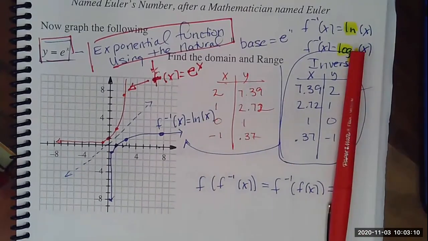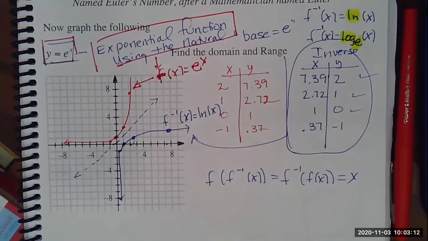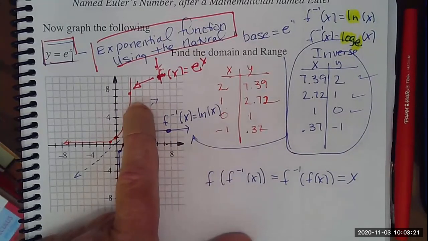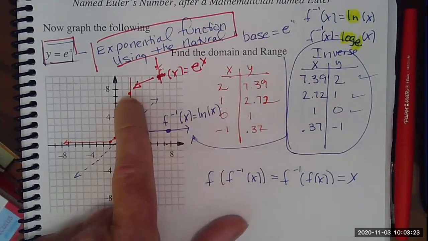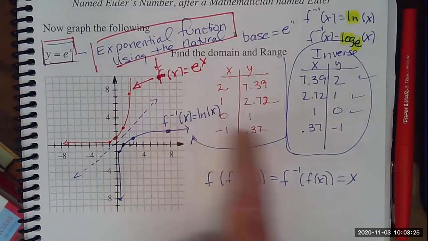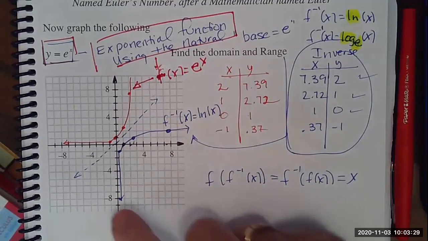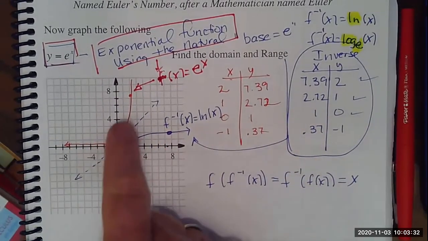Once I started doing the first table in red, I threw you off for a moment. This table goes with that red graph right there. That table goes with the red graph. This table goes with the blue graph. Blue graph is actually the logarithm. This is the log curve, and this is an exponential curve.